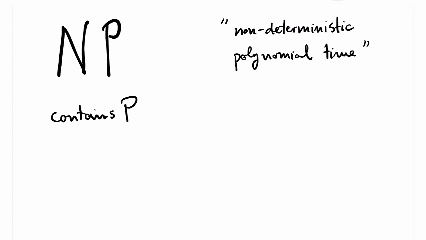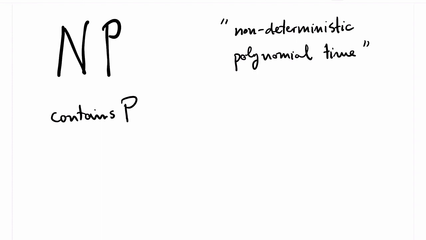So the running time must be bounded by a polynomial, p of n, where n is the size of the input instance. The algorithm is given both the instance of the problem and its solution, and has to verify that the solution is indeed a solution.